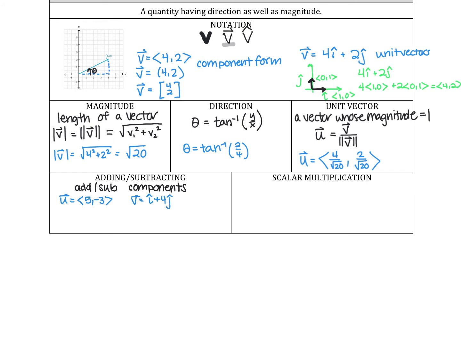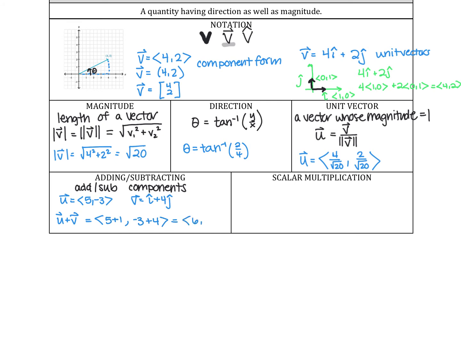If we want to add these 2 vectors together, u added to vector v, we will simply add their like components. So 5 will add with the component of the i, so 5 plus 1. And then the second component, -3, will add to the j component, so -3 plus 4.